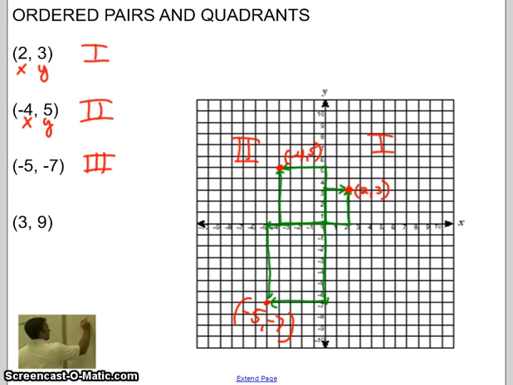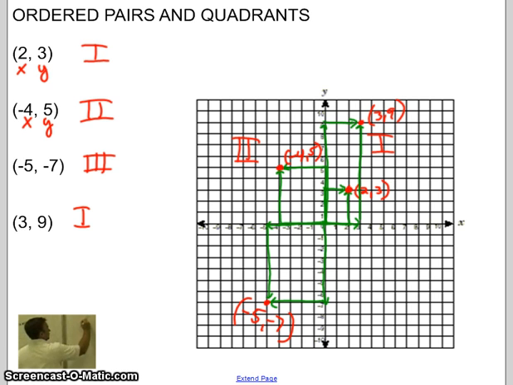Let's go to 3 on the x, 9 on the y. Where did they meet? Right here. 3, comma 9. And again, that's in quadrant 1. So that's a brief introduction into how to plot coordinates from ordered pairs.